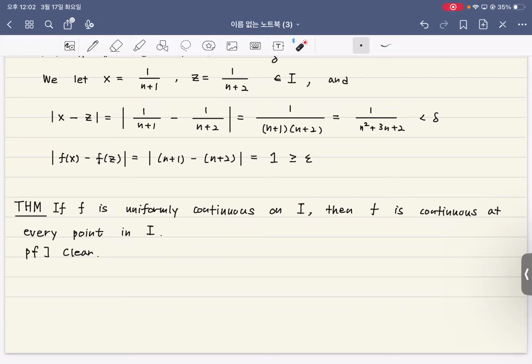So we have studied how uniform continuity is an even stronger condition than being continuous everywhere. But if we impose one additional condition on the interval I, then suddenly the converse is true. That is, if your interval I is closed and bounded, then f being continuous everywhere suddenly implies f is uniformly continuous.